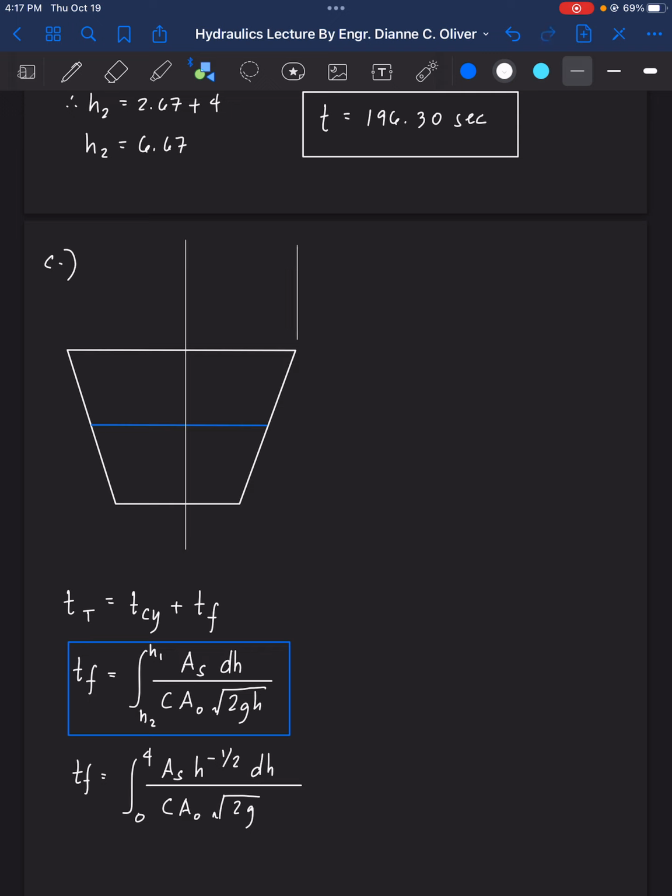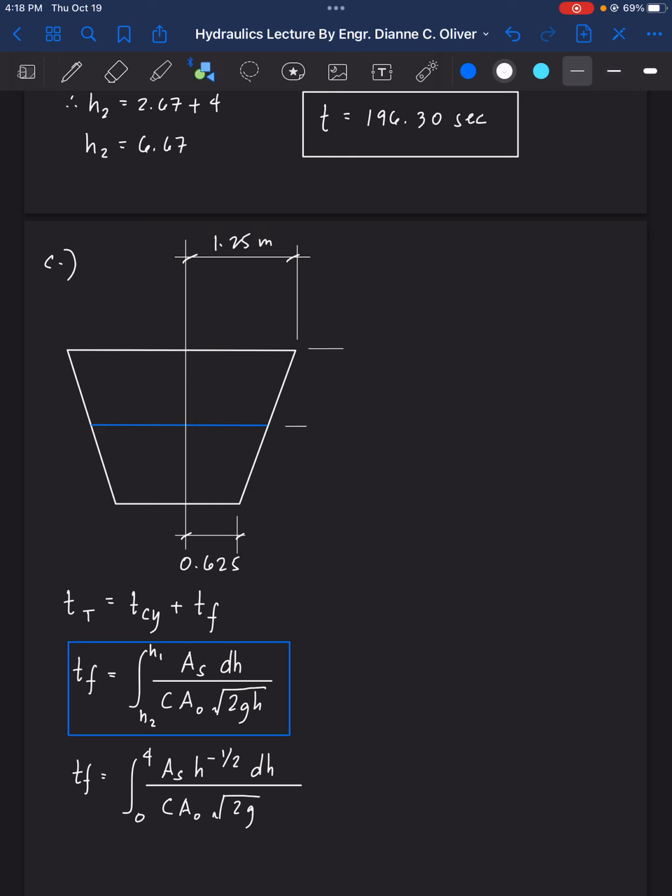This is the radius. This is our 1.25 meter radius at the top. This is our 0.625 radius at the bottom.